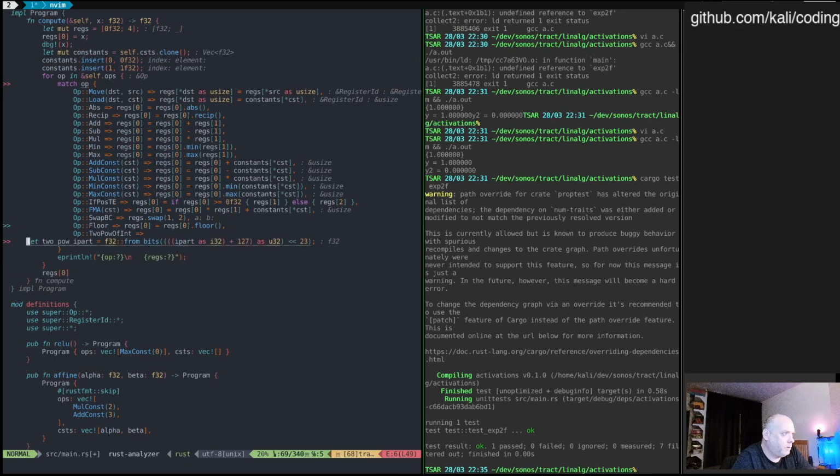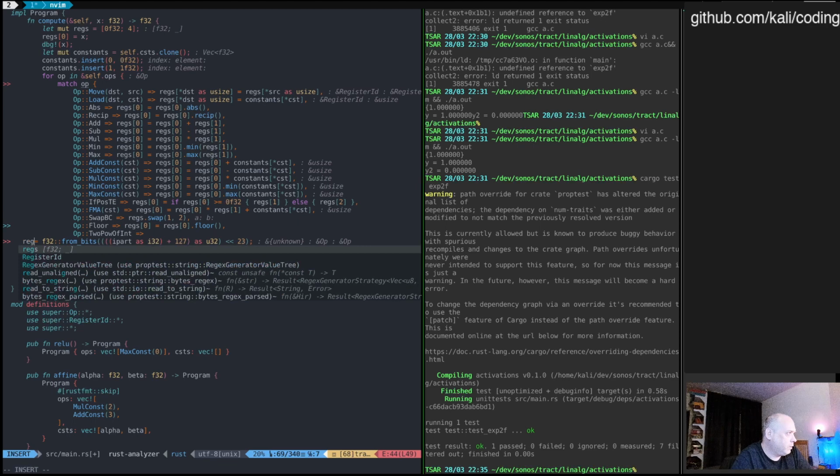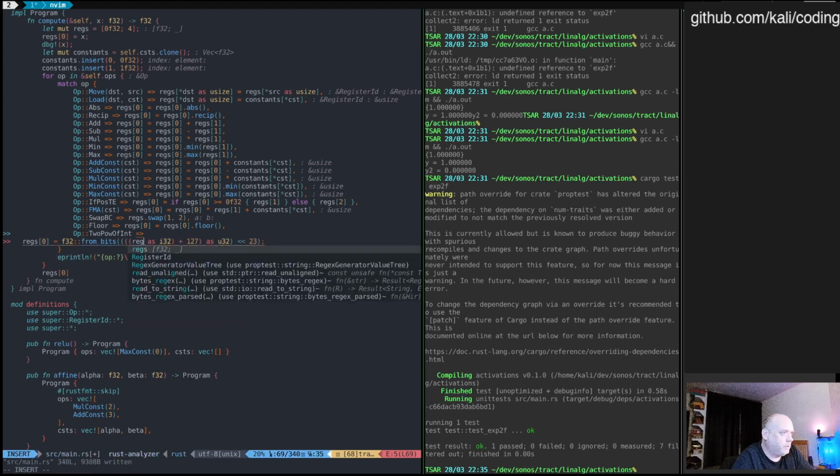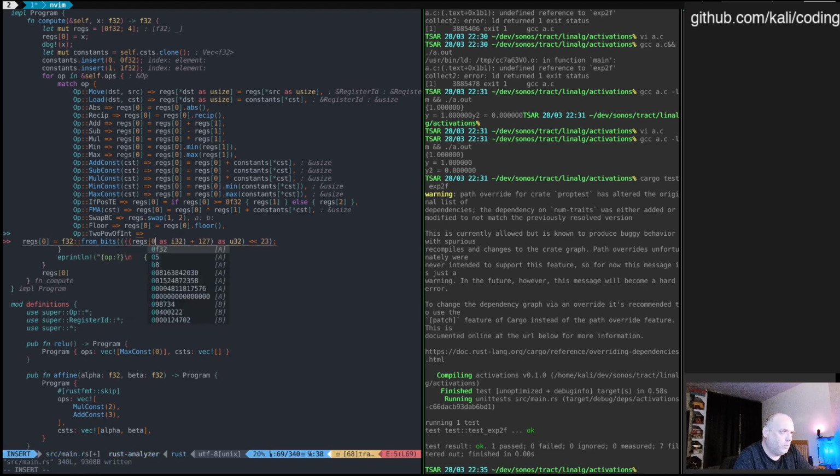So that's register number 0 equals f32 from bits regs 0 as u32, so that's our conversion. Then we add 127, that's the floating point bias.